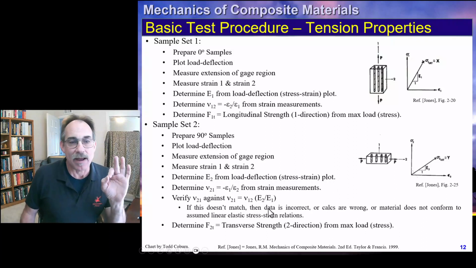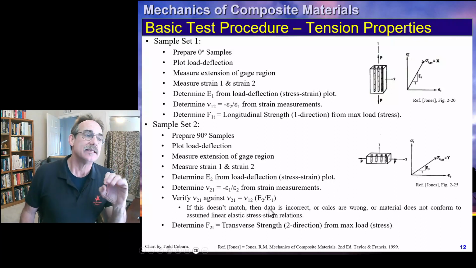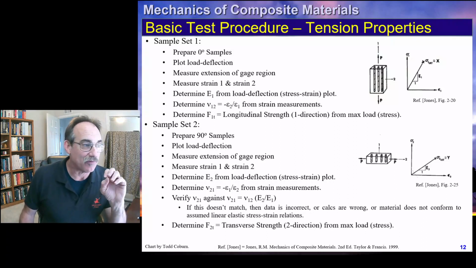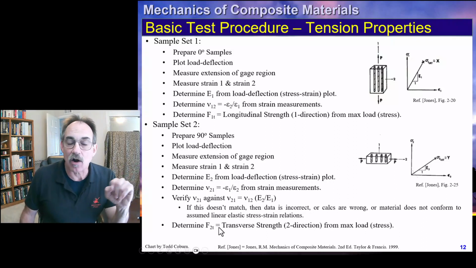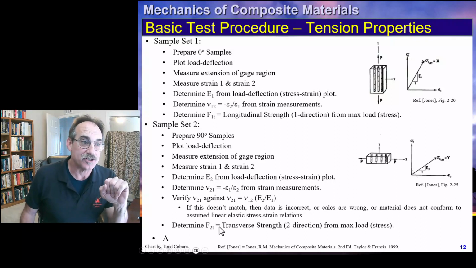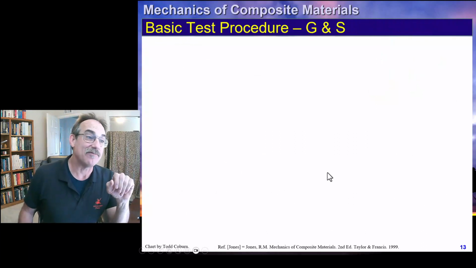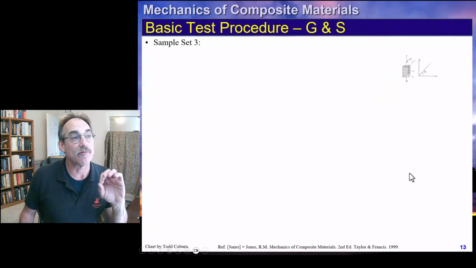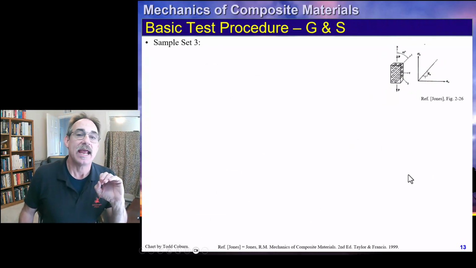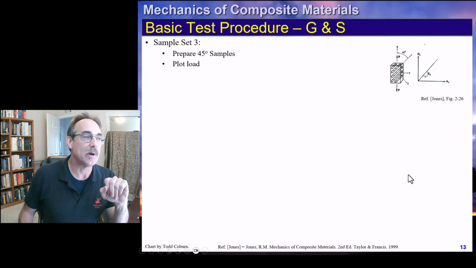It should match that fairly well. Sometimes tweaks in testing can cause that to not perfectly match, and then we can get our strength in the 2 direction. Okay, after all this, we're missing our 45 degrees, so now we're going to take our 45 degree samples and test those to failure as well.